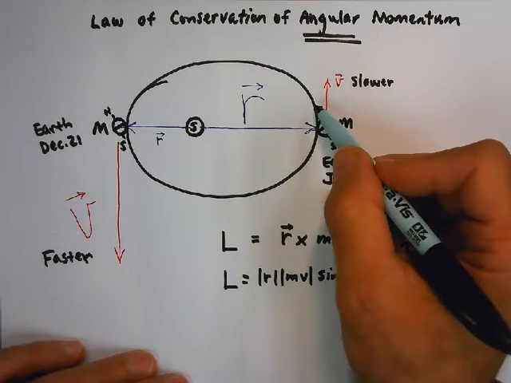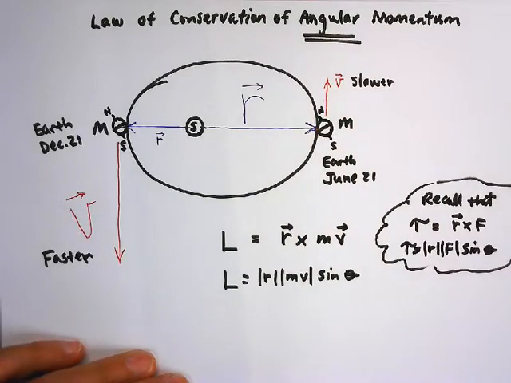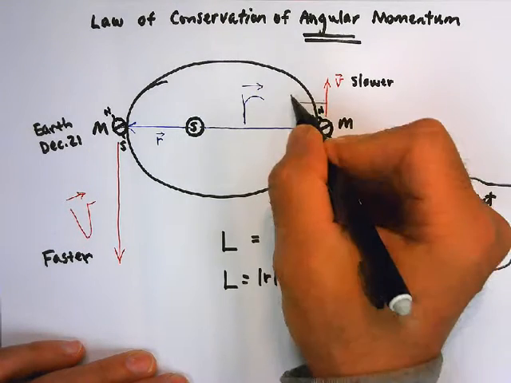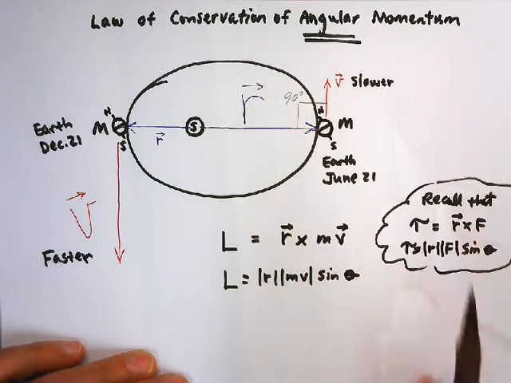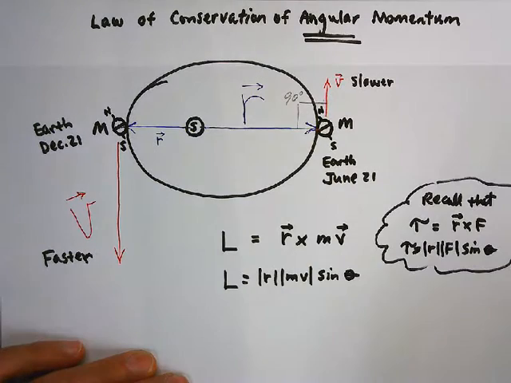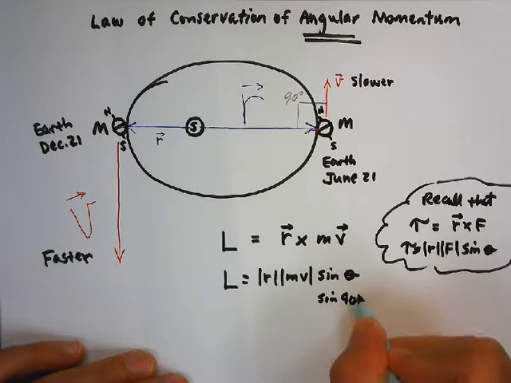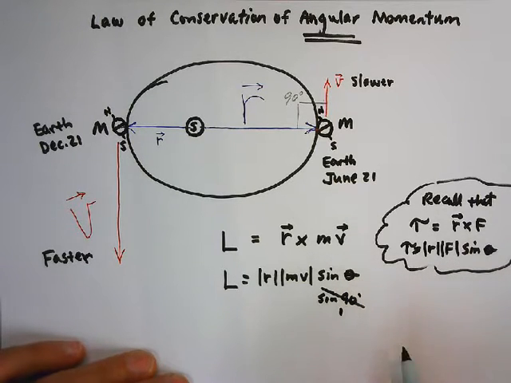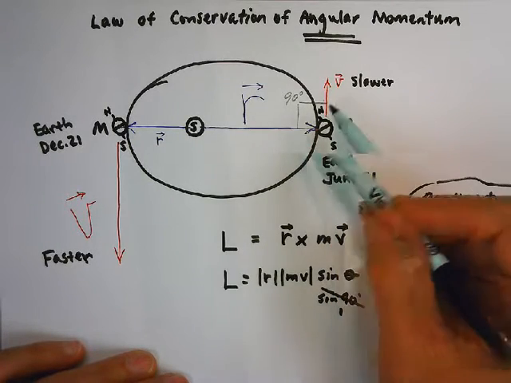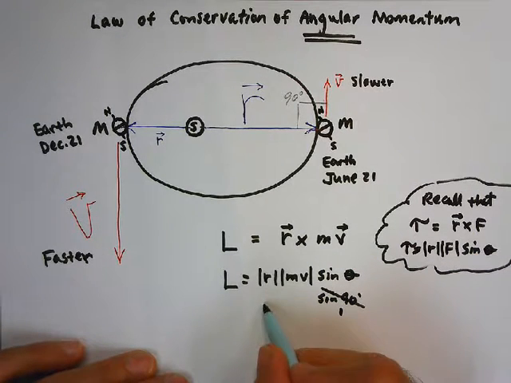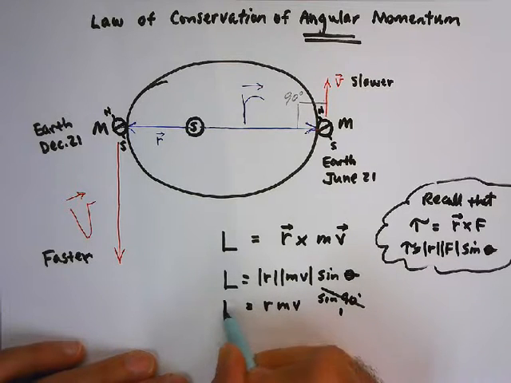Now if you look up here, the angle between vector r and vector v is 90 degrees, and the sine of 90 degrees is equal to 1. So in the case where the position vector and velocity vector are at right angles to each other, you just end up with r times mv for the angular momentum.